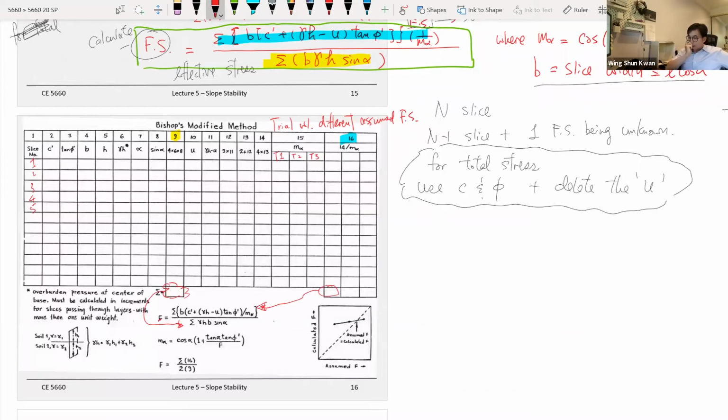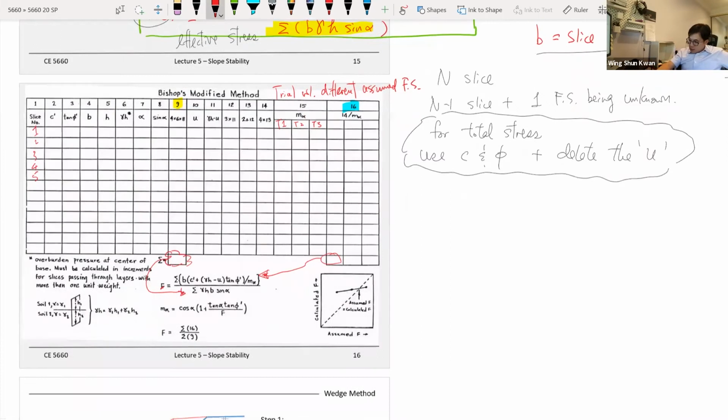You can calculate the factor of safety over there, and you do this by iterations. So you have the assumed factor of safety. This is your trial 1, this is your trial 2, this is your trial 3. So you have your assumed factor of safety, and also you have your calculated factor of safety.